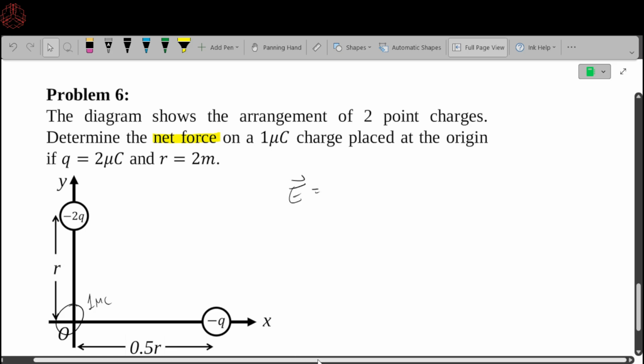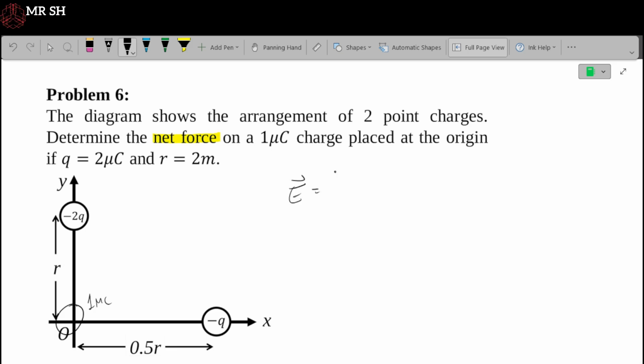Okay, so my E is simply F over Q. What that means is that the force experienced by whatever charge may be there is simply the charge of the test charge, which is the 1 microcoulomb, multiplied by the strength of the electric field. Okay, and we can just do that quite easily.